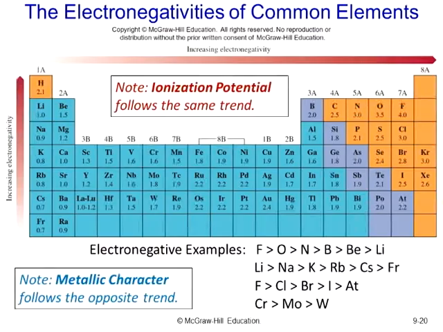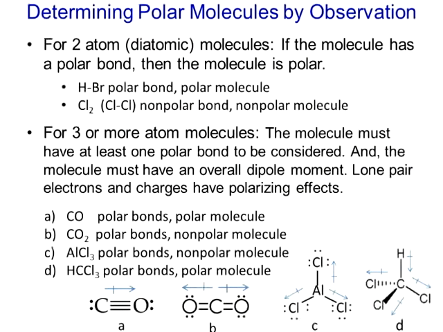Okay? Now, for three or more atom molecules, the molecule must at least have one polar bond to be considered. If there are no polar bonds in it, then there's no consideration to make. And the molecule must have an overall dipole moment. So we have to take it one step further to determine whether or not it has an overall dipole moment.